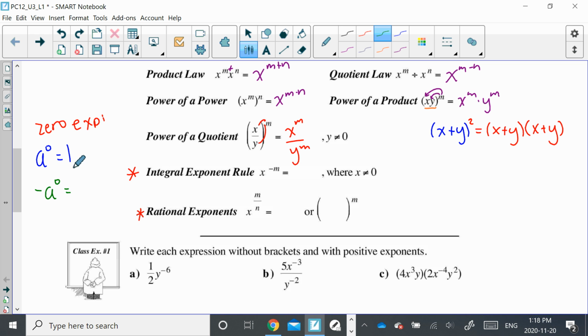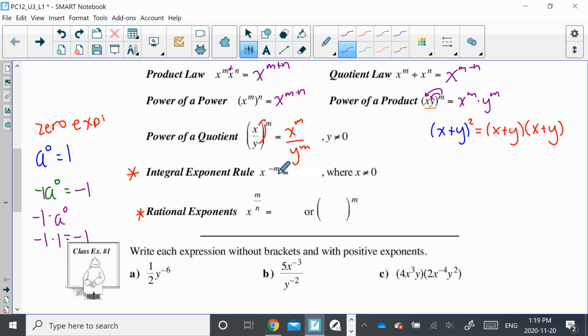It is not. This negative is a negative 1, so this is negative 1 times a to the 0. That would be negative 1 times anything to the power of 0, which is 1, but your answer would be negative 1. If you're making study guides for this, negative a to the power of 0 is negative 1 would go on your study guide, and here's the math behind it. Okay, so this was called the zero exponent.